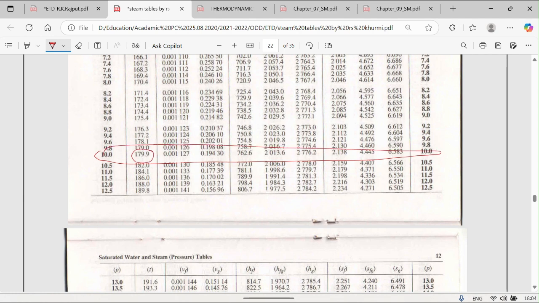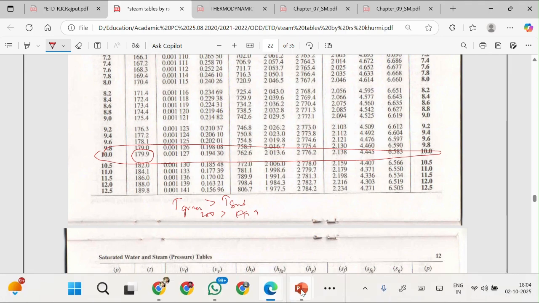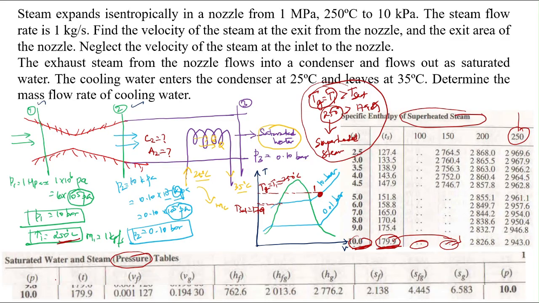The given temperature is 250, so definitely T given is greater than T saturated. So 250 is greater than 179.9, so the steam is superheated. This is the clue to find the entry condition, which is called superheated.